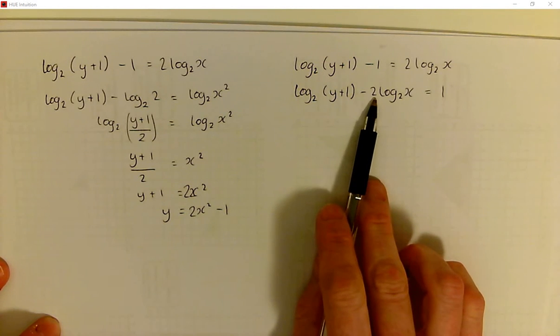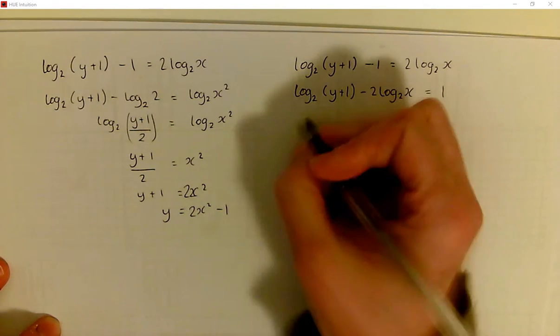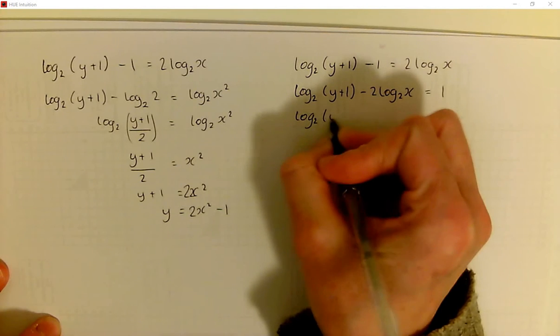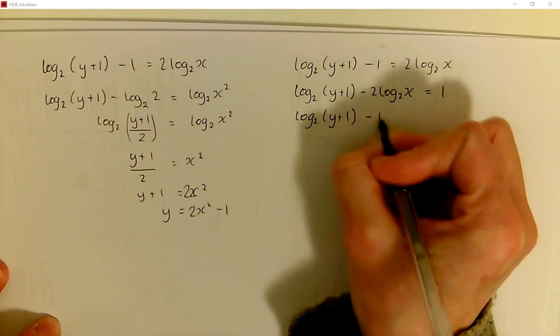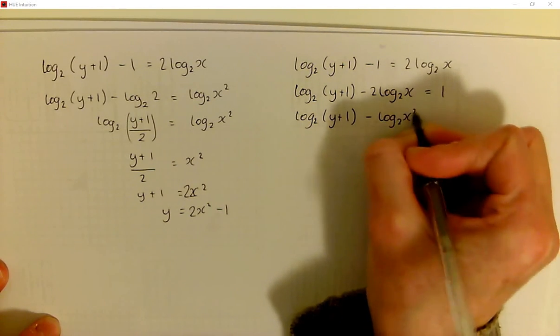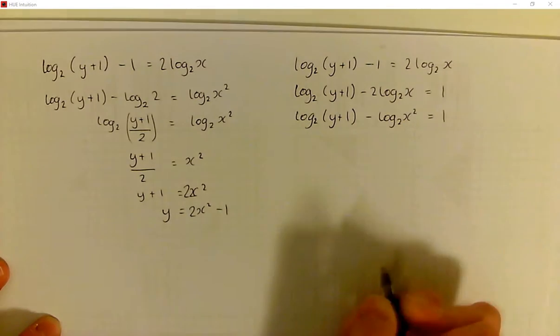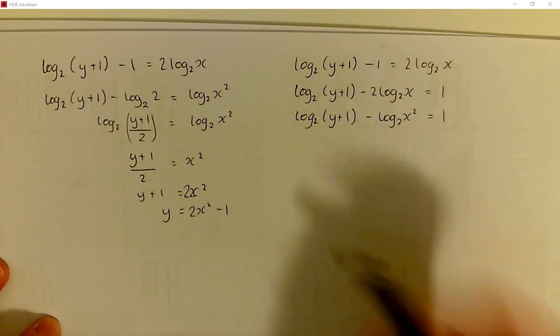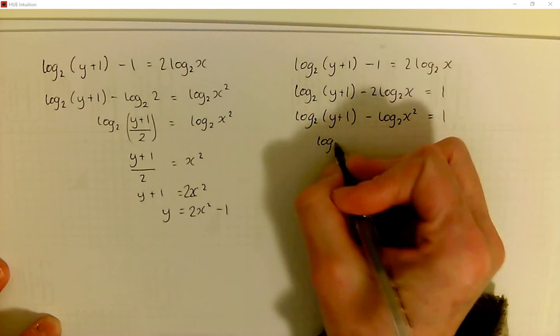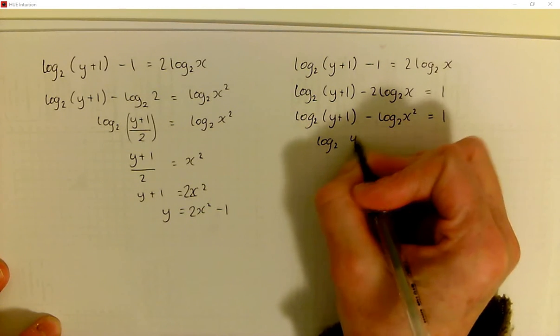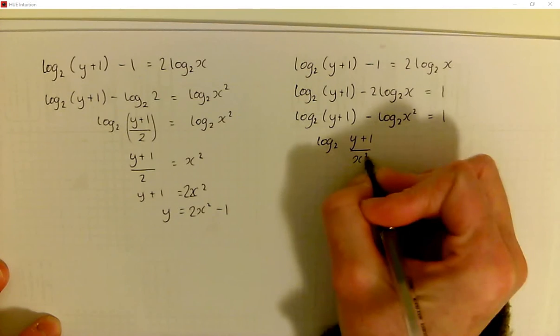So I'm going to use my power rule for my logs. Now I've got a subtraction, so I can combine the logs. So I've got log base 2 of (y plus 1) over x squared.